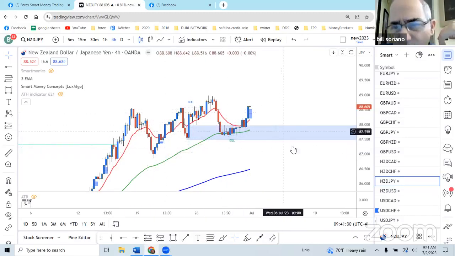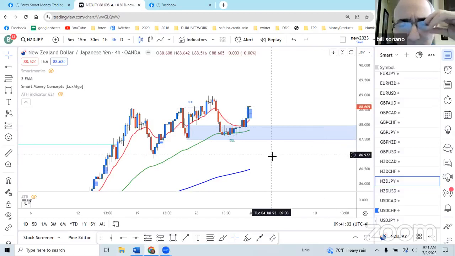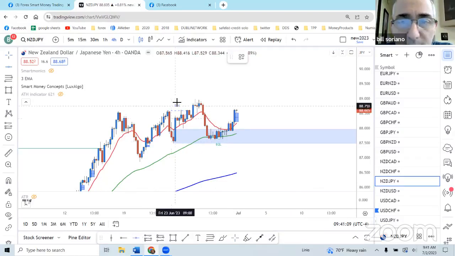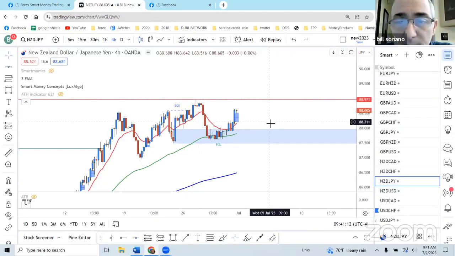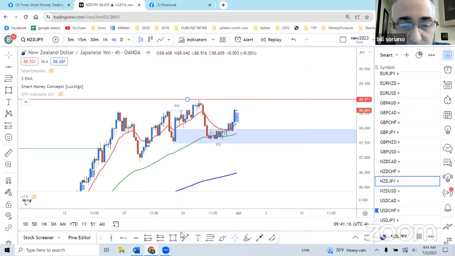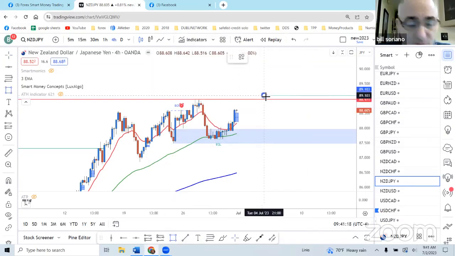I could wait and see if price comes through there, but I don't really want to see that. What I'd rather see is I'd like to set what I call just a break of structure alert here. So I'm going to put a red line here. I'm going to put an alert on this, and I'm going to just name this break of structure.